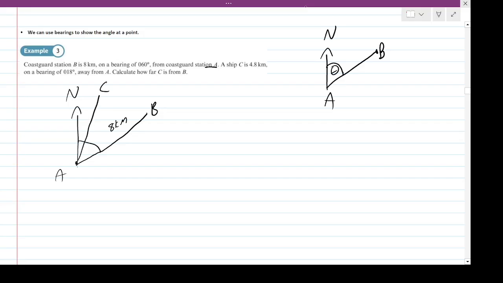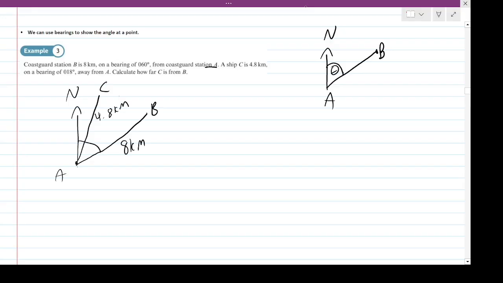And that'd be C. And if I say 8 is down there, 4.8 kilometres there.